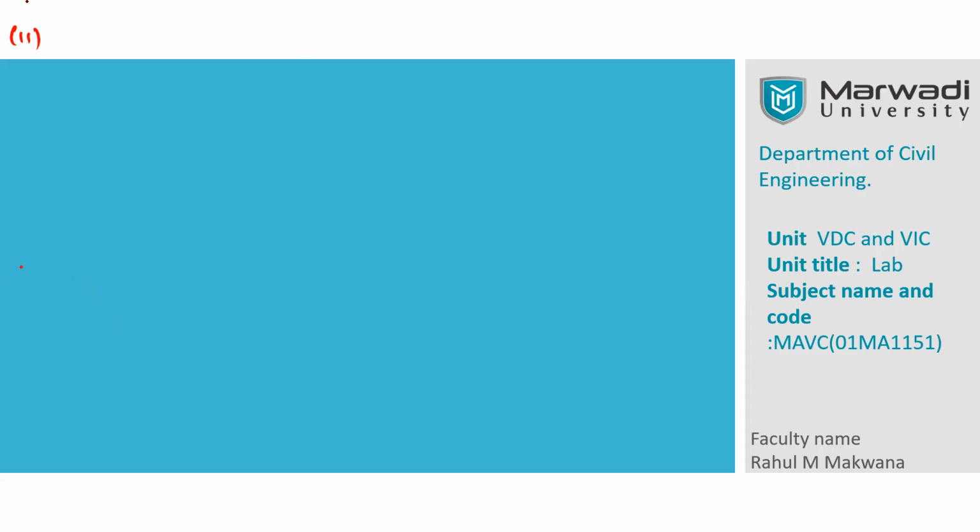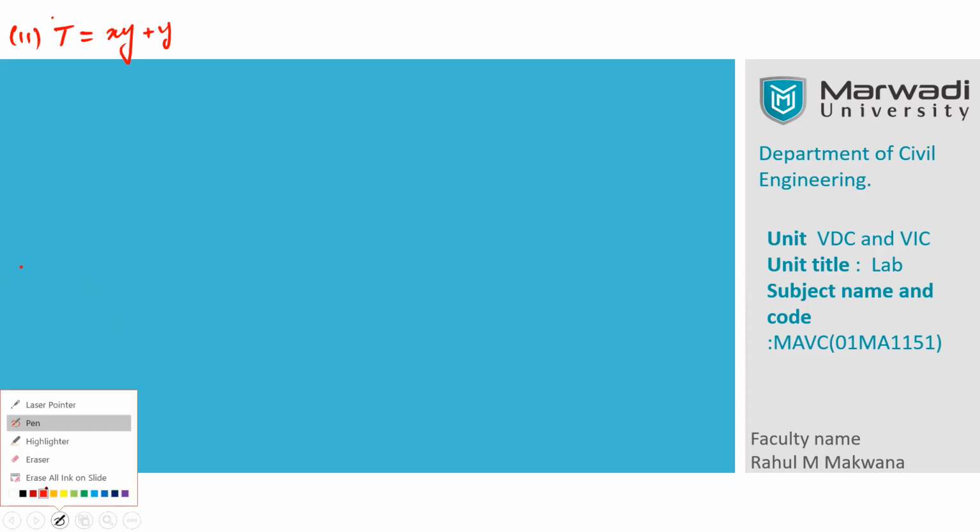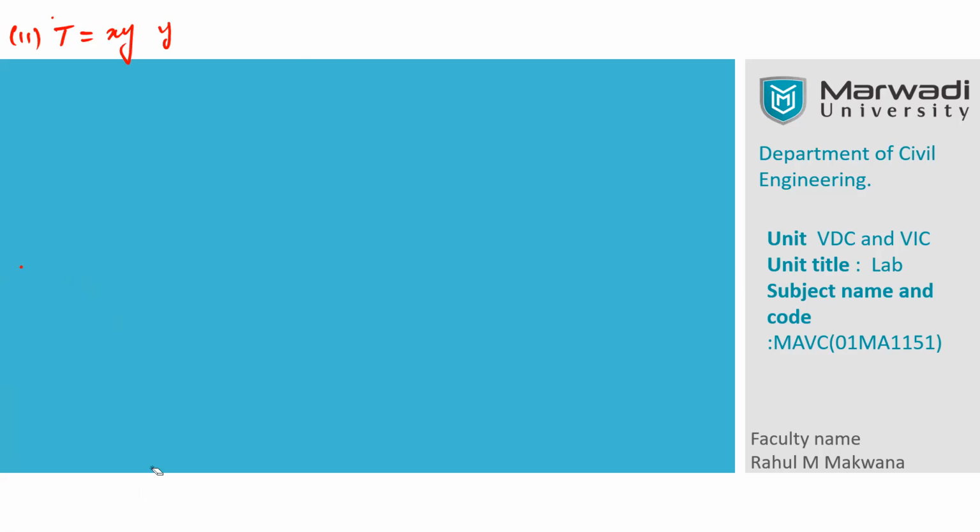So the function is t equals xy minus yz, it is minus, so minus of yz plus zx.